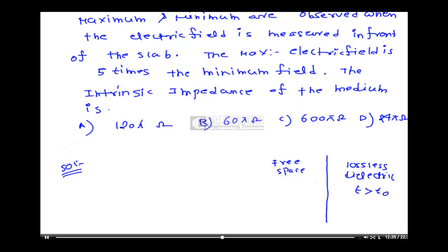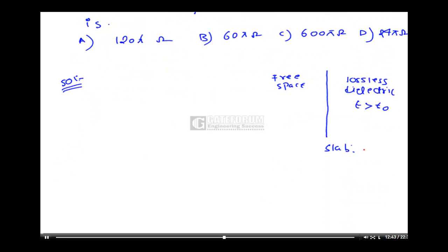Then maximum and minimum are observed when the electric field is measured in front of the slab. This is the slab. The maximum electric field is 5 times the minimum field.